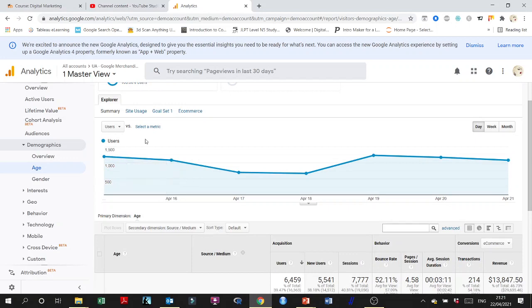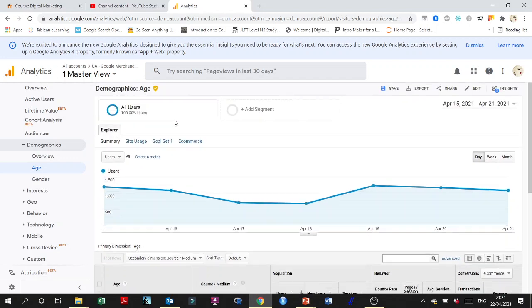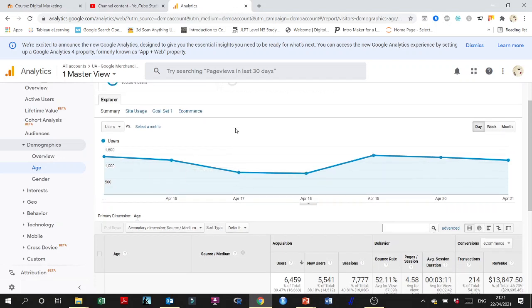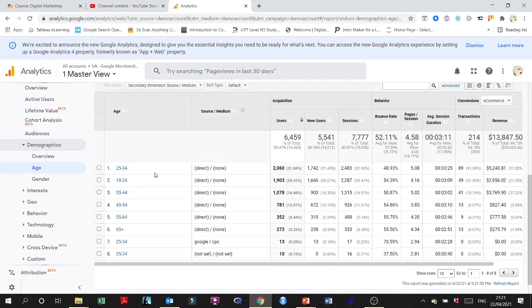Wait a minute. These are the users, but why can't I see the different ones here? I'm sorry, guys. First, we need to select these.